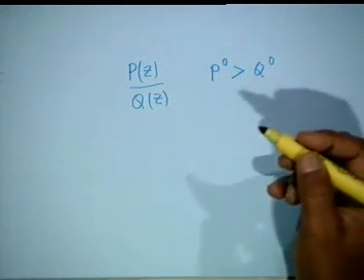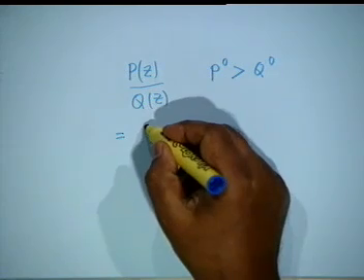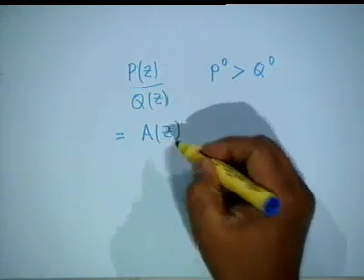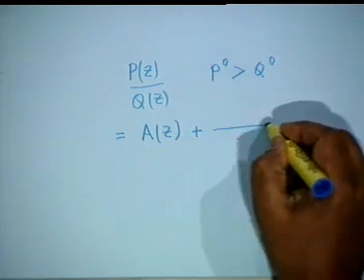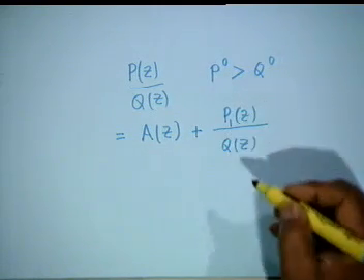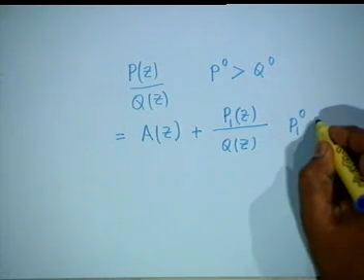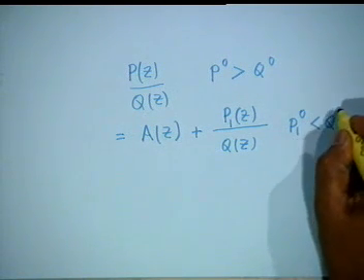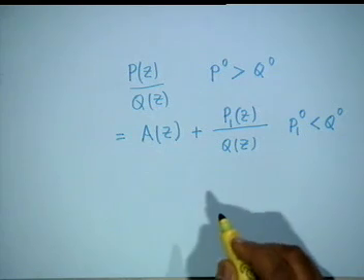I also pointed out that if the rational function is P(z) by Q(z), with the degree of P(z) greater than the degree of Q, then this will be written as some polynomial in Z inverse plus a proper rational function P1 by Q, where the degree of P1 is less than the degree of Q. That is a proper rational function.